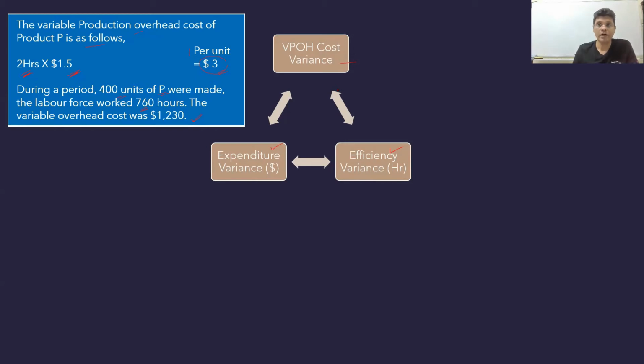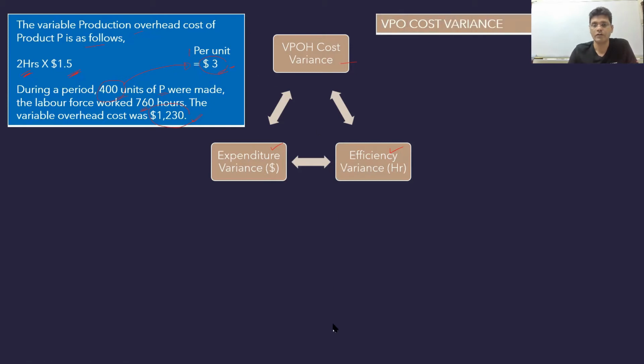So likewise, you have to apply the same calculation, which is the difference between your planned overhead cost versus actually incurred overhead cost. So actually incurred 1,230 on 400 units, but you should have incurred per unit $3. Okay, so $3 times 400.